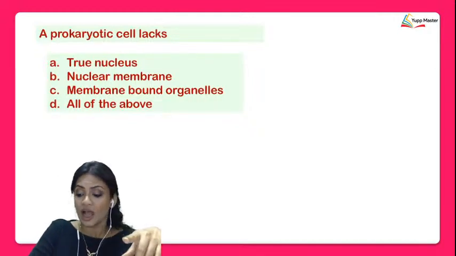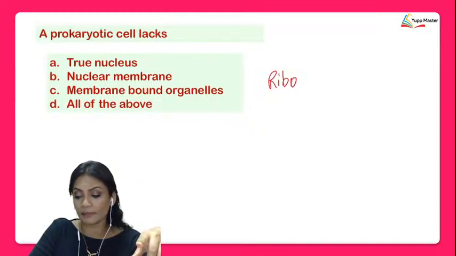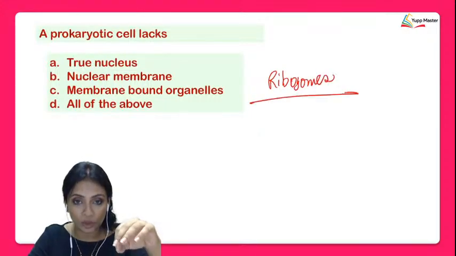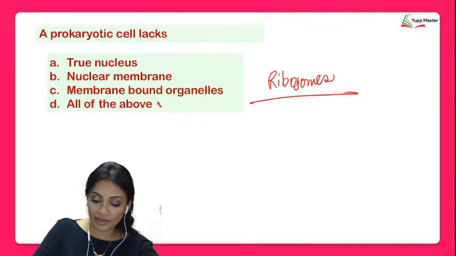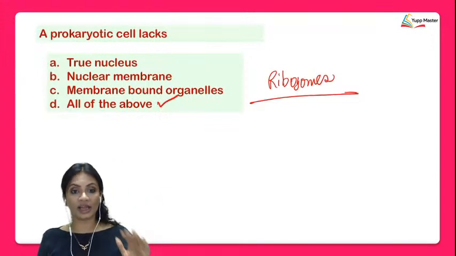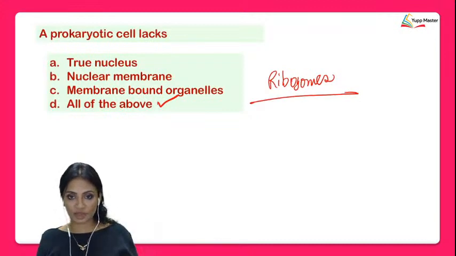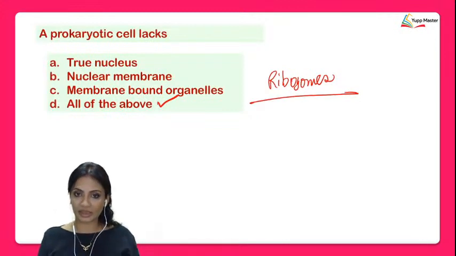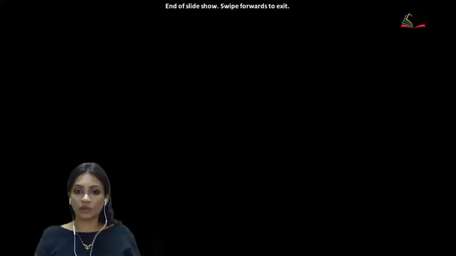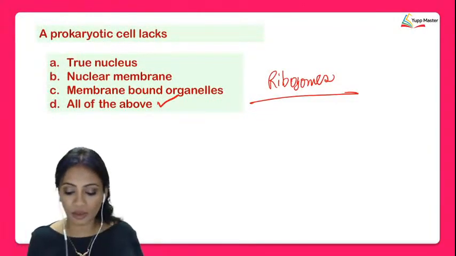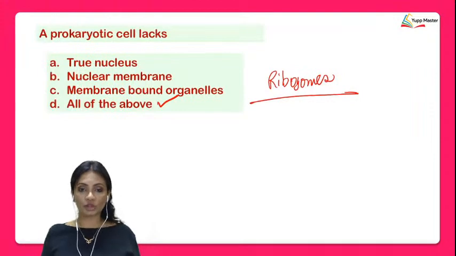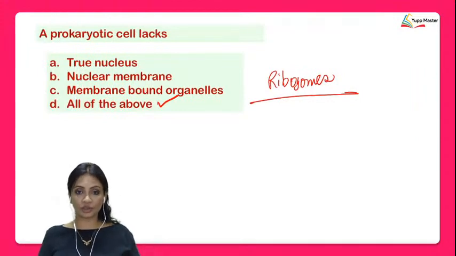Ribosome is present, and remember one thing, ribosomes do not have membranes around them. So the correct answer here would be all of the above. All of the options given are not present in the prokaryotic cell.